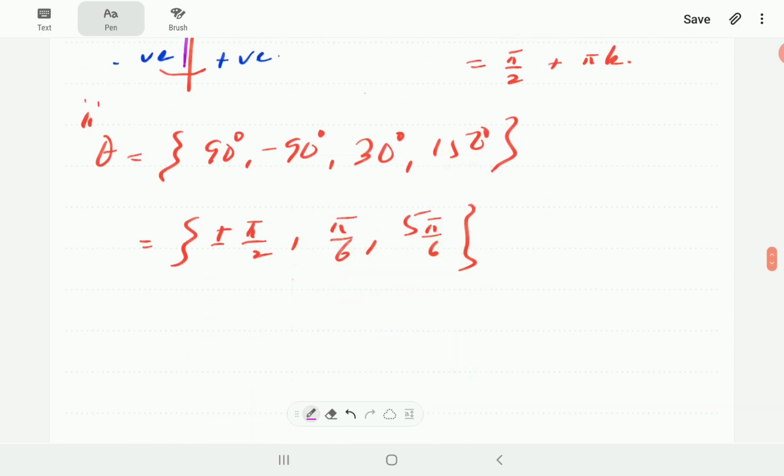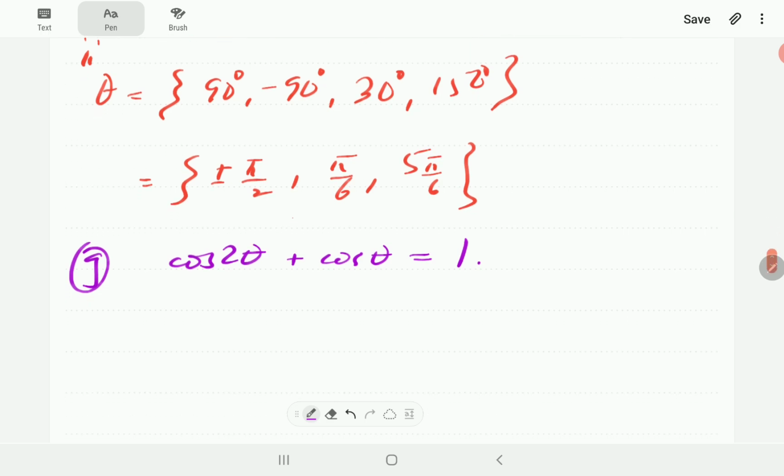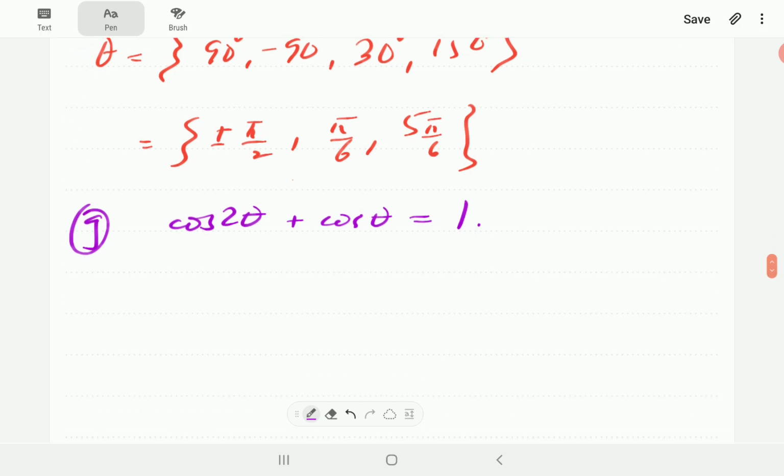In G we have cosine 2 theta plus cosine theta is equal to 1. So here, for cosine 2 theta, we need to use double angle formulas, but since the other term is already a cosine, we need the double angle formula that expresses cosine 2 theta in terms of cosine.